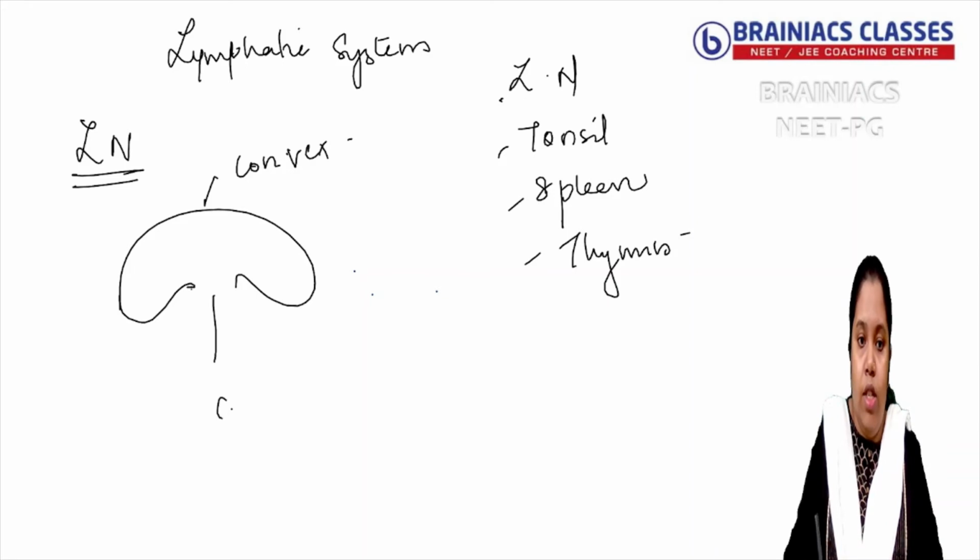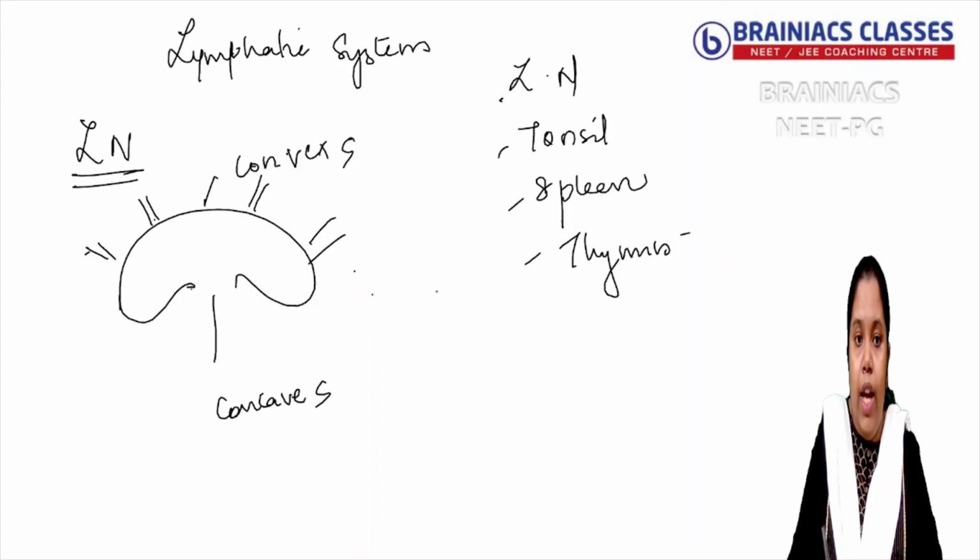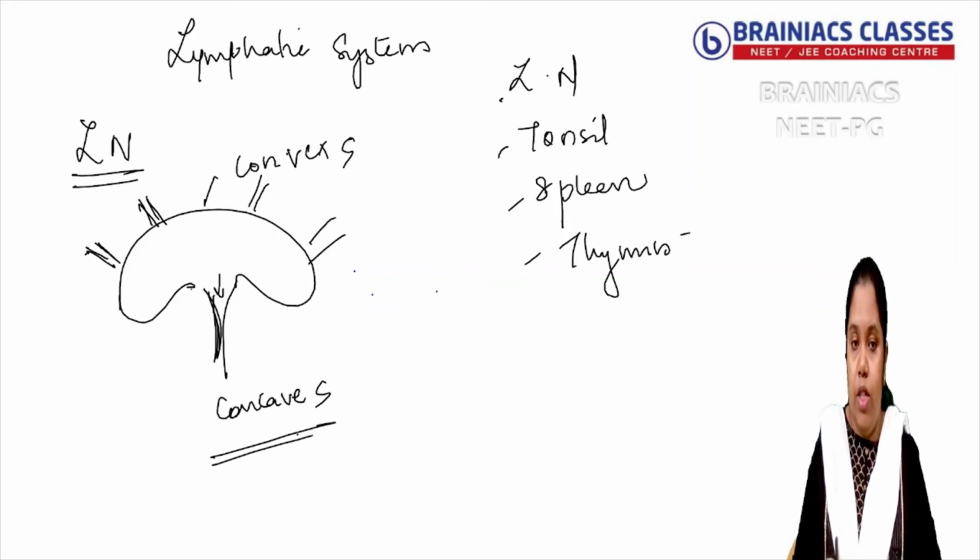Numerous afferents enter the lymph node via the convex surface, and a single efferent passes out via the concave surface. Understand?